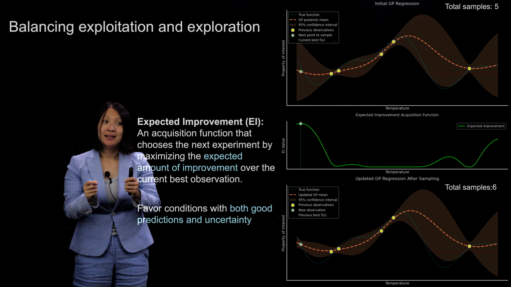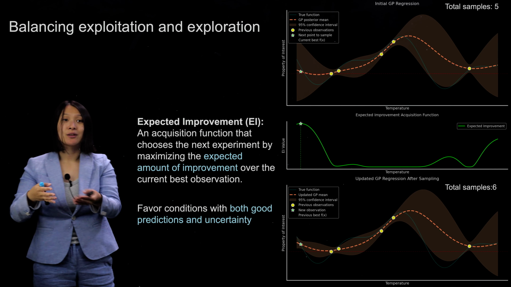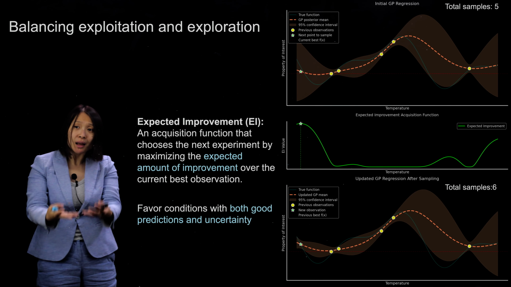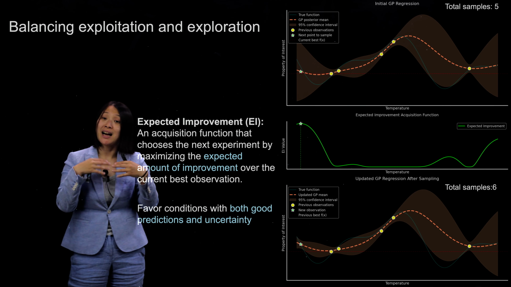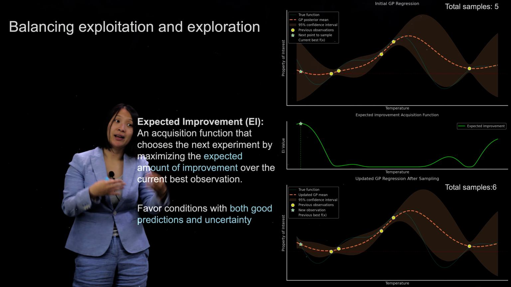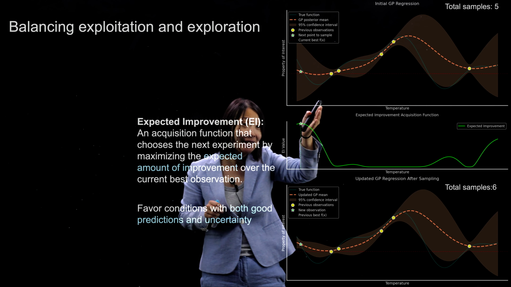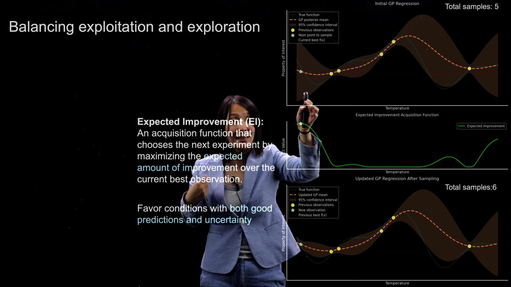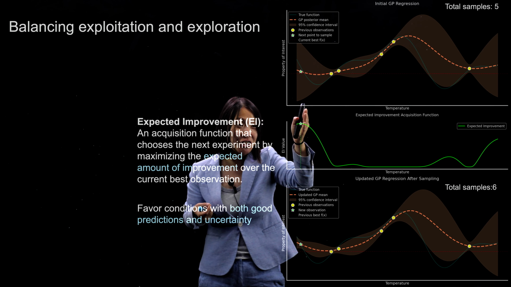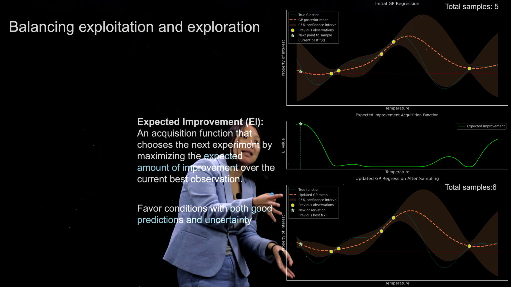Conditions with good predictions, and therefore expected improvement, and also with high uncertainty will be chosen. On the top, you see the same initial Gaussian process regression model with 5 samples, and the expected improvement acquisition function gives the ranking of acquisition function values. The 6th sample would be sampled at the star position, and then we update the Gaussian process regression in a similar way as on the previous slides.